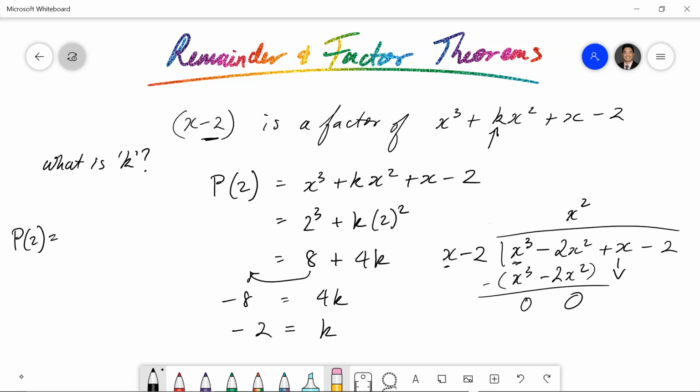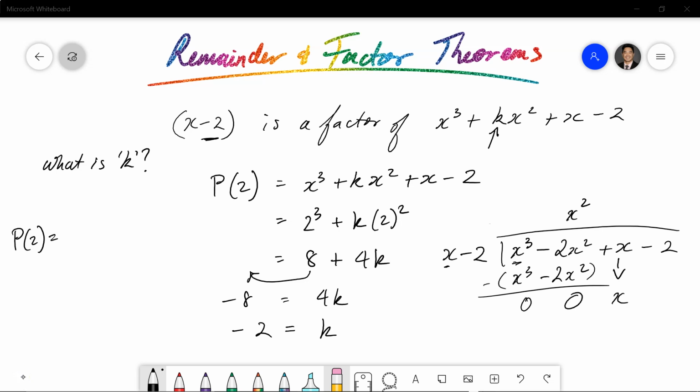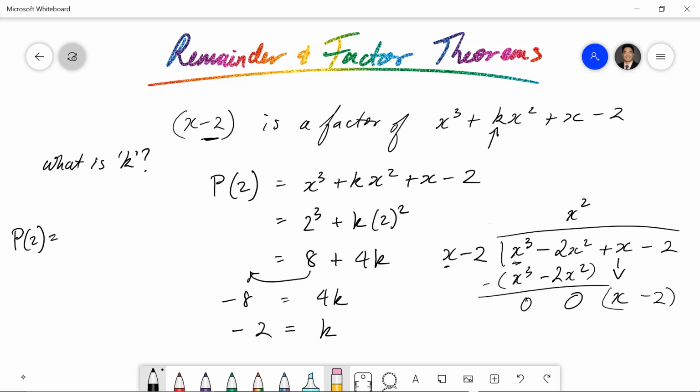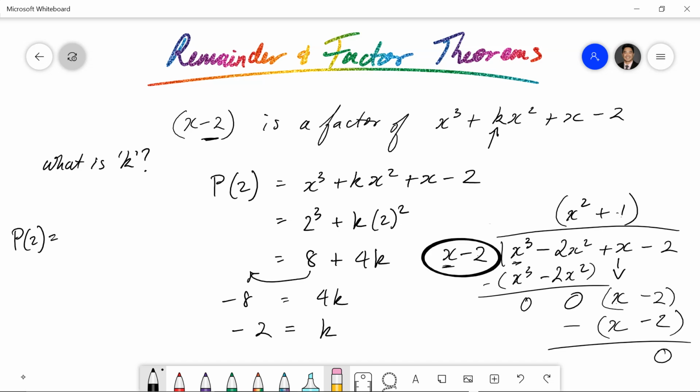Then we move on to the x here, and we bring the minus 2 across as well. x divided by x is just 1. 1 times x is x, and 1 times minus 2 is minus 2. If we subtract one from the other, we get nothing. So the quotient is x squared plus 1, and the divisor x minus 2 is a factor.